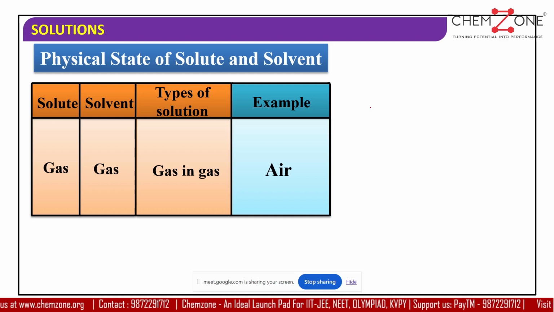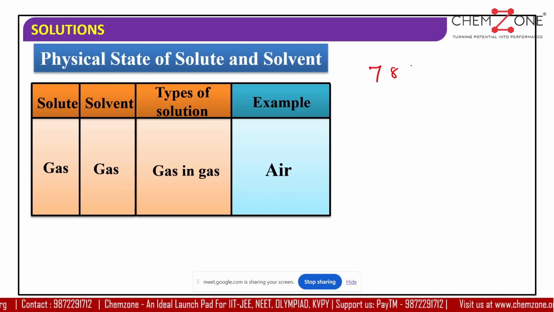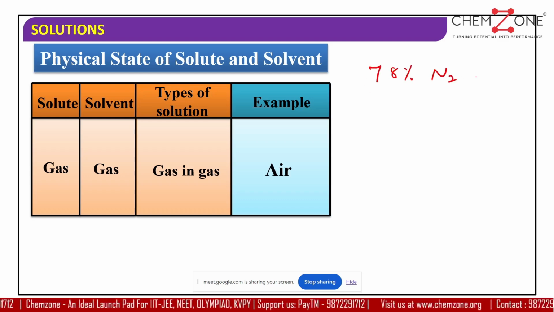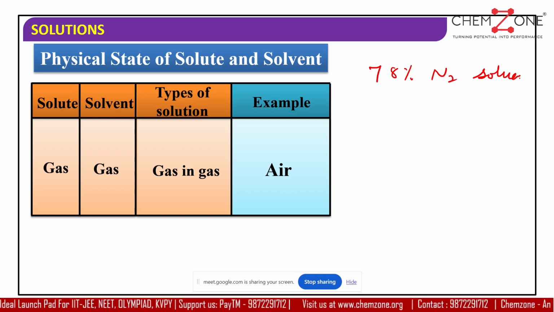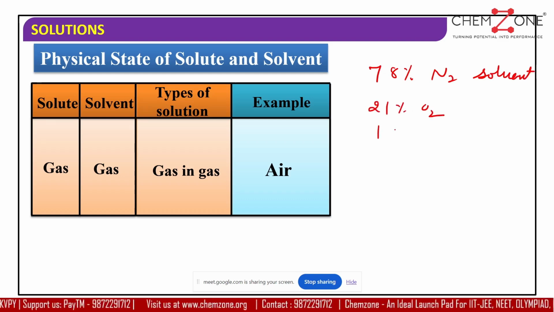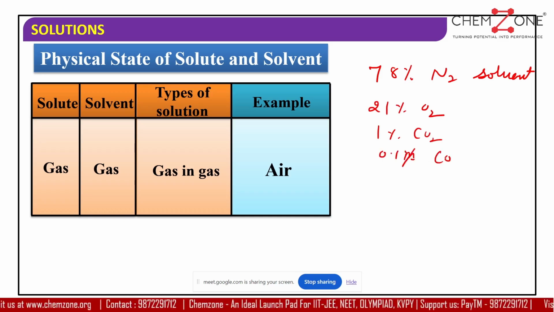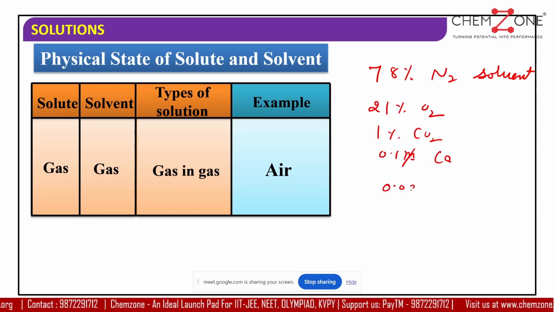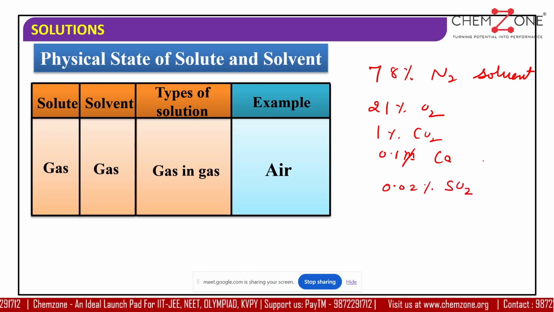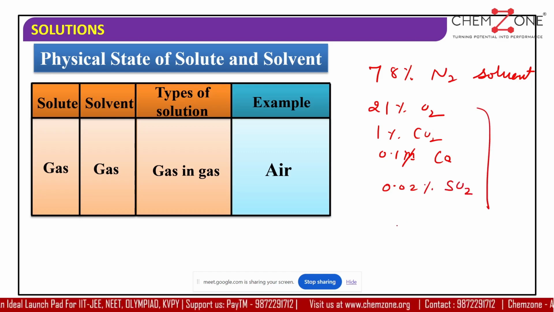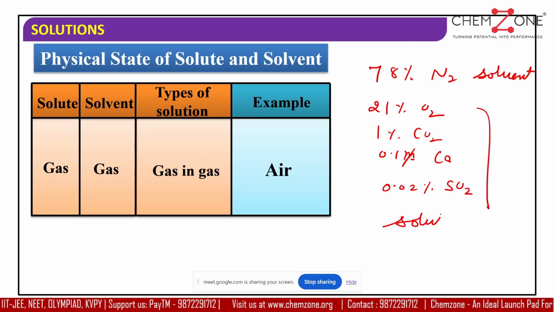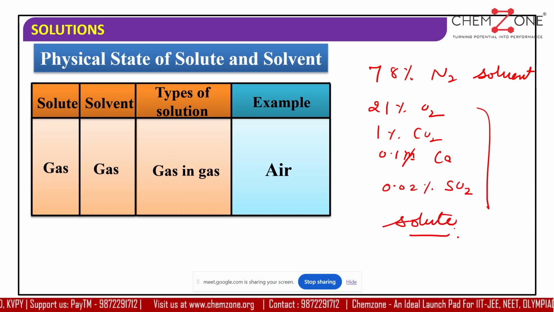So 78% nitrogen acts like a solvent, and the other components, 21% oxygen, 1% carbon dioxide, 0.1% carbon monoxide, or 0.02% sulfur dioxide, are present in small quantity. These are all solute. But overall, the solution is gaseous, so we will call it a gaseous solution.